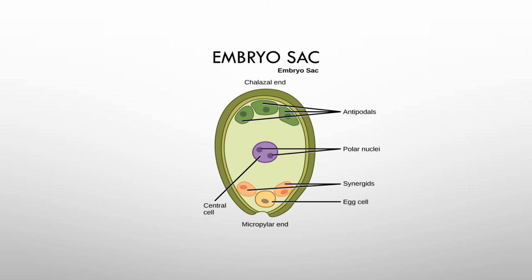In the egg apparatus, 2 cells are synergid cells and 1 is the egg cell. All 3 together are called the egg apparatus. This is the egg cell with which one of the male gametes will fuse, and the other male gamete will fuse with the polar nuclei. Get it?